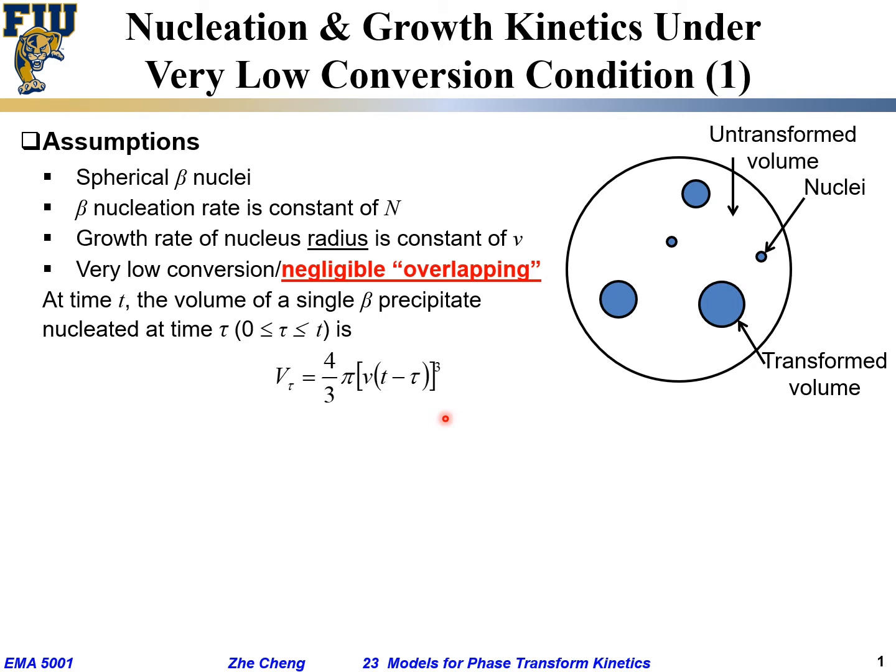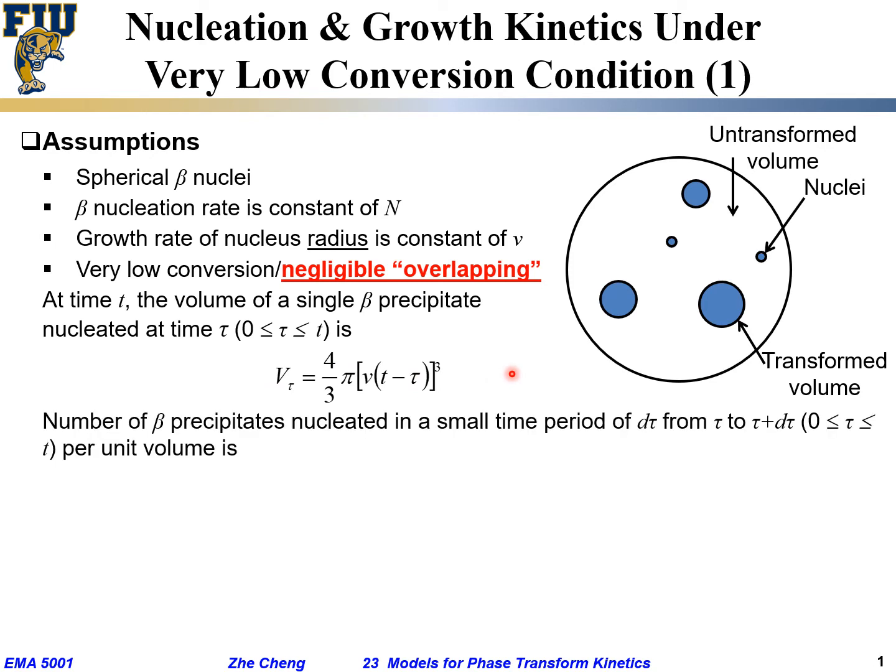It starts from 0 radius, which is another assumption or approximation. So this equation gives us the volume of a single spherical beta precipitate that formed at time tau, at a time t which is later than tau. Now let's check what the total volume is.